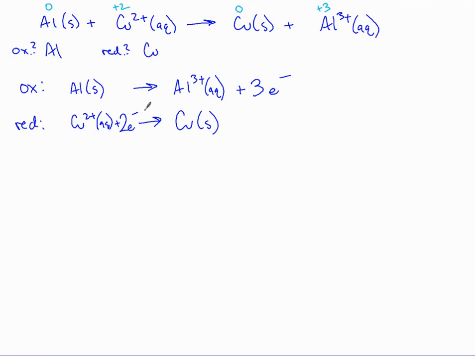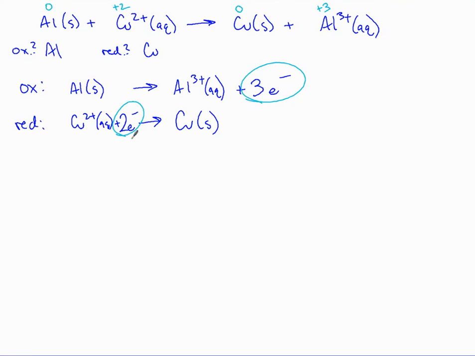Number 4, make sure the electrons lost in oxidation is equal to electrons gained in reduction. This is step 4. Make sure the electrons lost in oxidation is equal to the number of electrons gained in reduction. They're not the same.